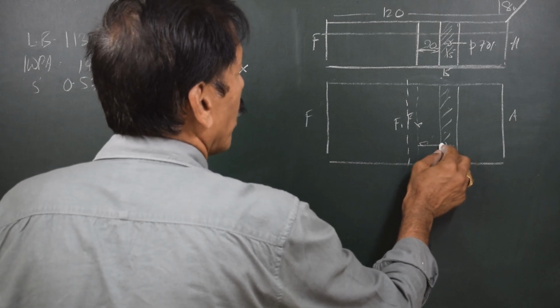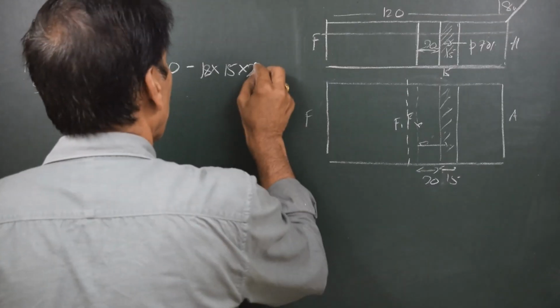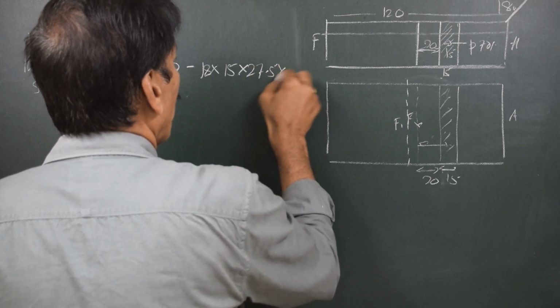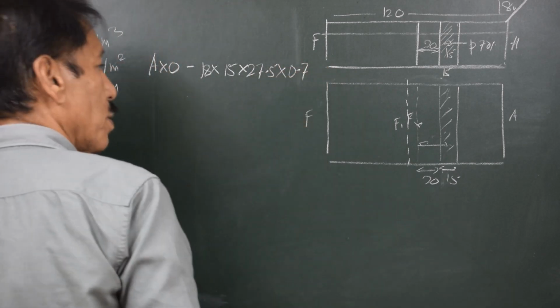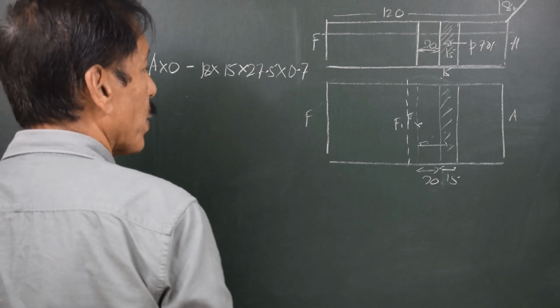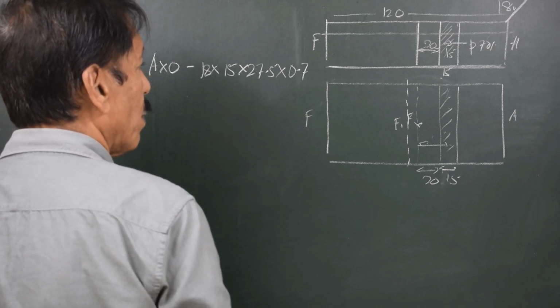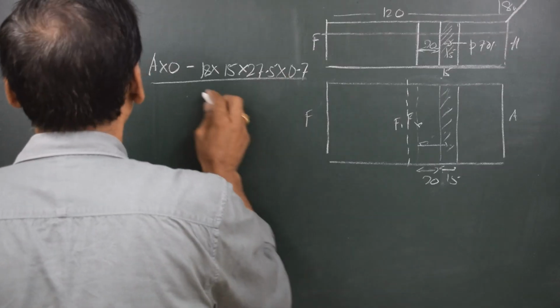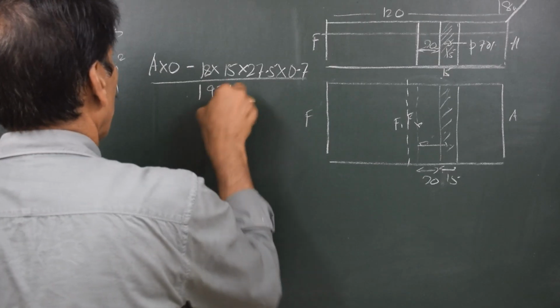Now this is 7.5 and this is 20, so 27.5, multiplied by 0.7, because the loss is always multiplied with permeability, divided by the intact water plane area, that is 1971.